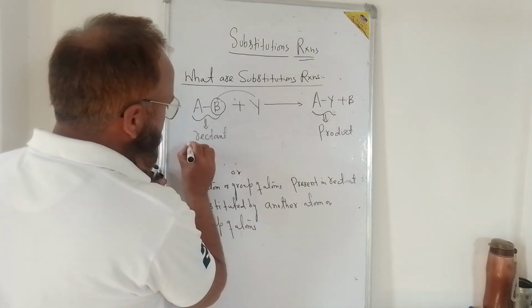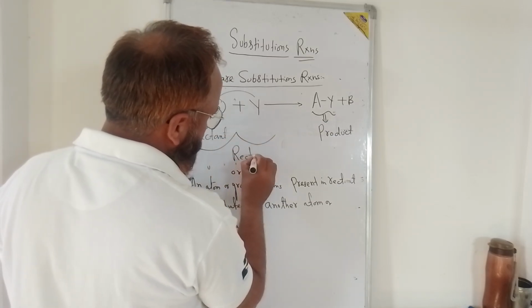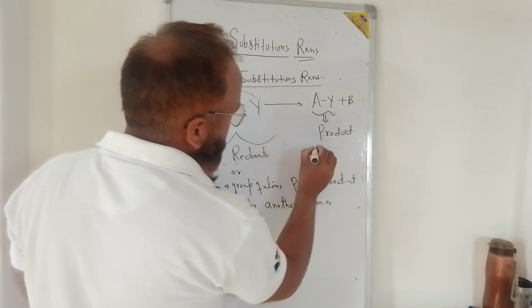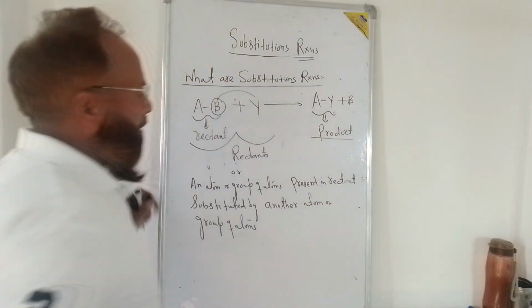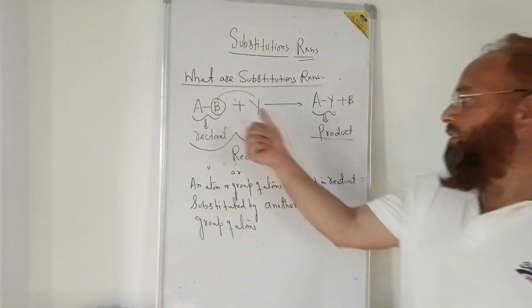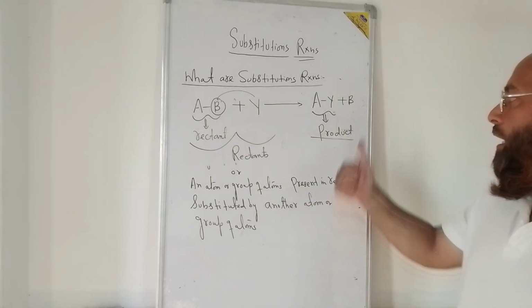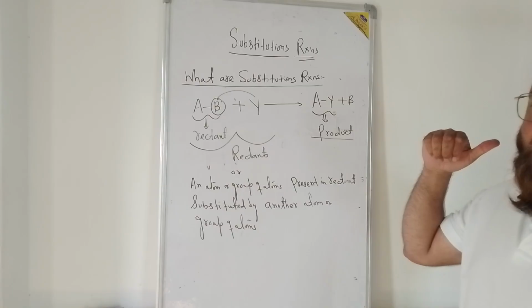So these are the reactants and this is the product. B is replaced by Y and the product AY is formed.